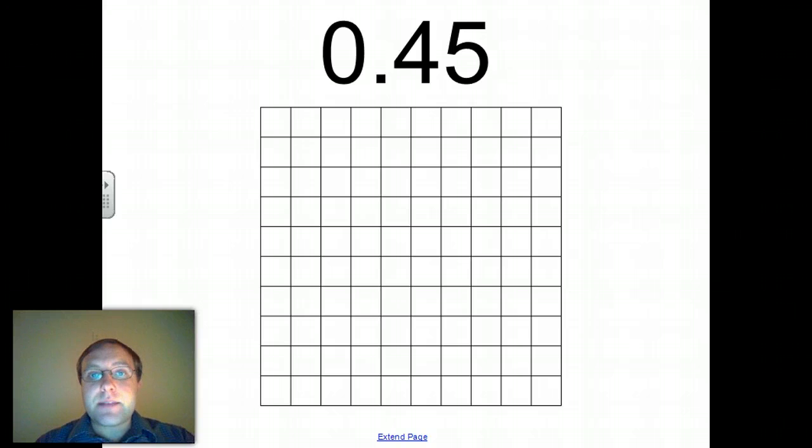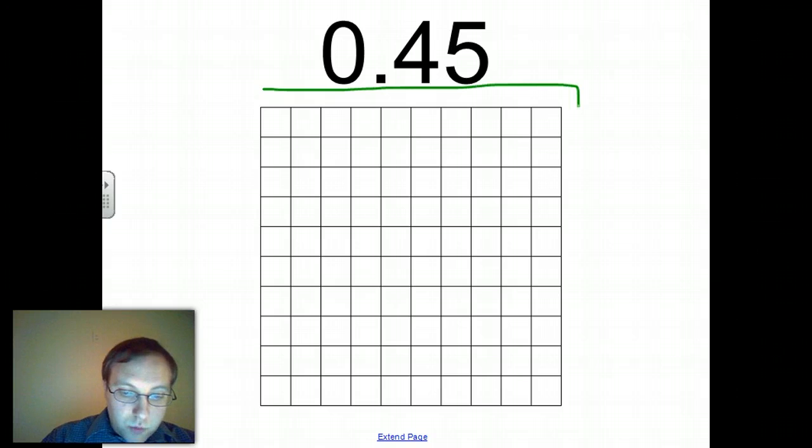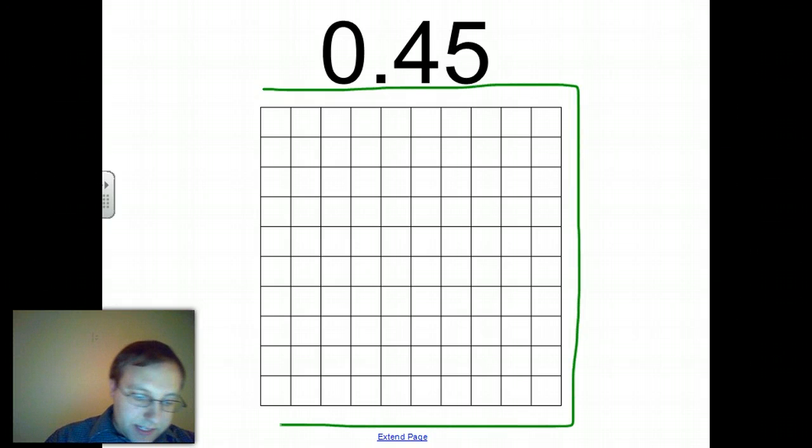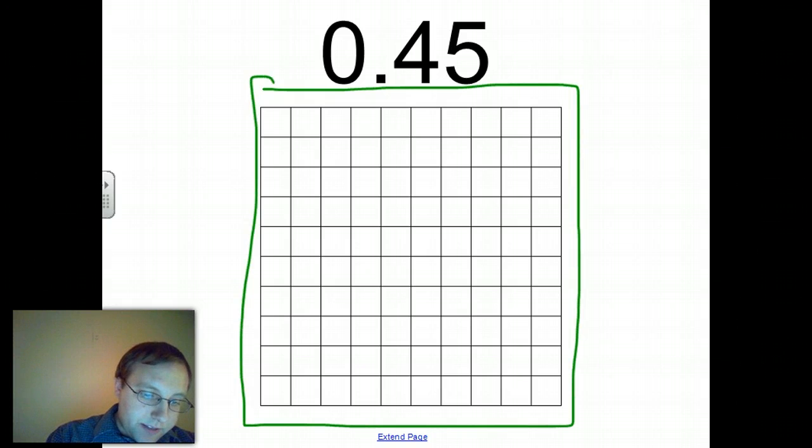So let's take a look at something like 45 hundredths. And we're going to look at it from the point of view of this 100 square grid here, because this grid in total represents our 1. Each of these little squares then represents 1/100th of that grid. So we can find and color in 45 hundredths of it. Let's do that with, I'll grab a highlighter here so we can make it a little bit easier.